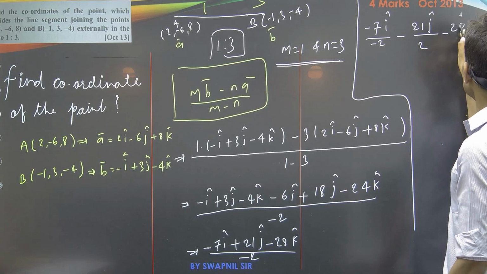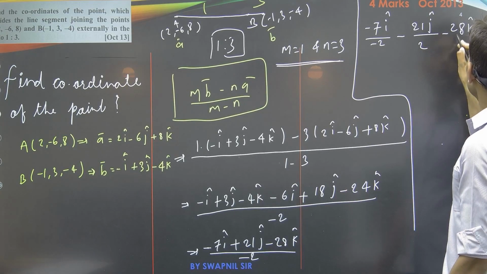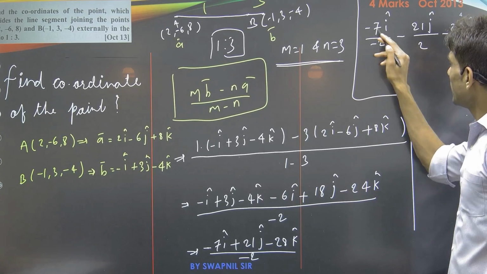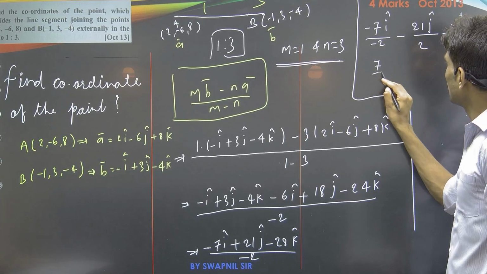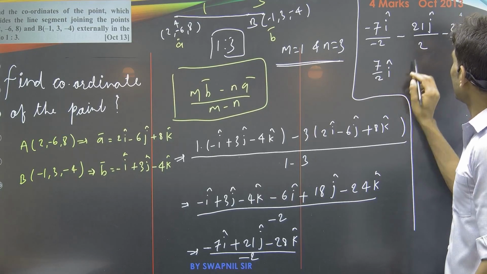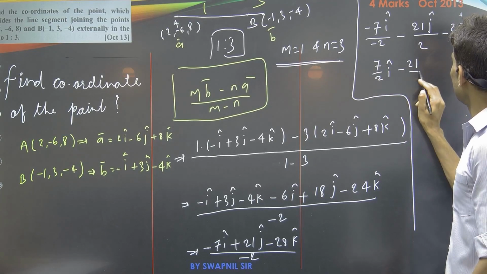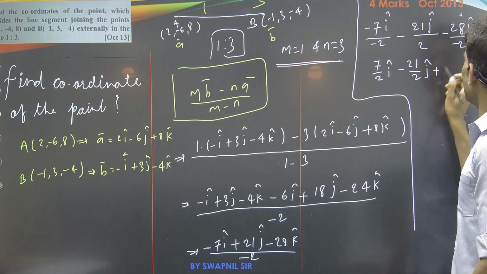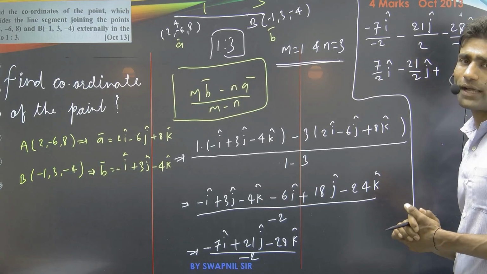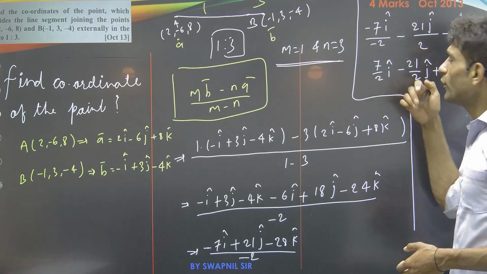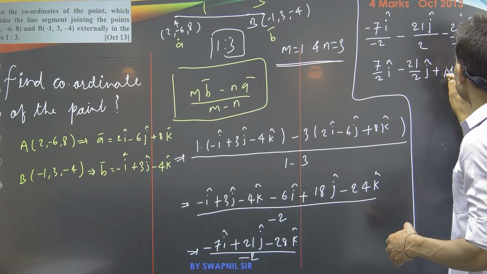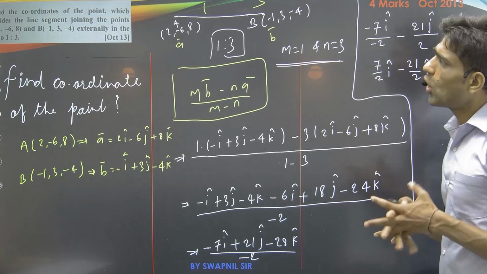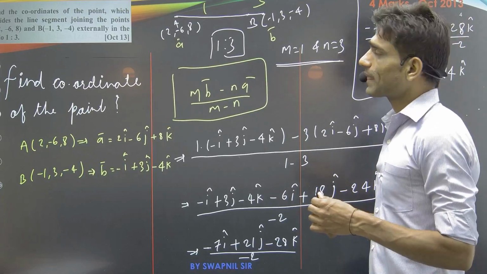So 7 by 2 i cap minus 21 by 2 j cap, and minus minus goes to positive. 28 divided by 2 means it is 14, since 14 twos are 28, so we get 14 k cap.